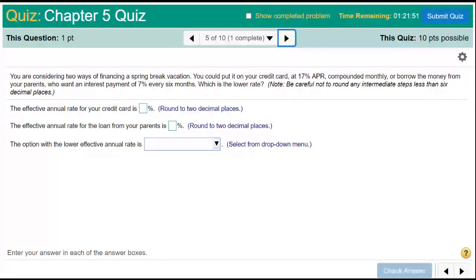Then you calculate which interest rate is higher, and you choose the option with the lower effective annual rate. Is it your parents or your credit cards? It varies with this question. It's not always the same.